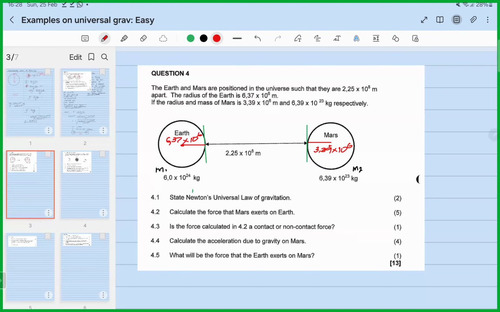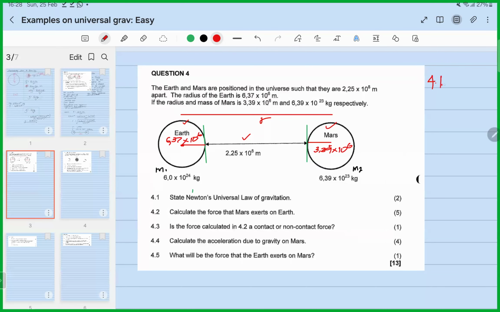If they ask you what is the force between Earth and Mars, you'll take the radius plus the surface distance plus the other radius to give you the distance of separation from center to center. That's R. Right, look at this. It came out again.